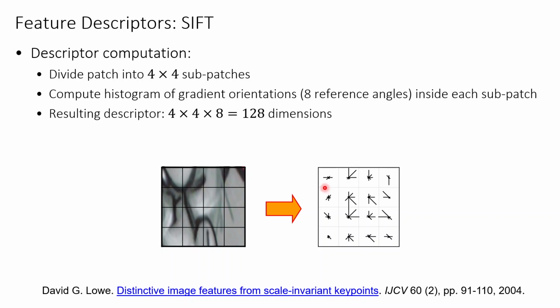You can see in each of these rectangles, now there are 8 numbers. How many rectangles do we have? We have 4 by 4, and 4 by 4 times 8 is 128. So each of these SIFT descriptors is 128 dimensional. At each of the points that we detect as features, we assign a feature descriptor.